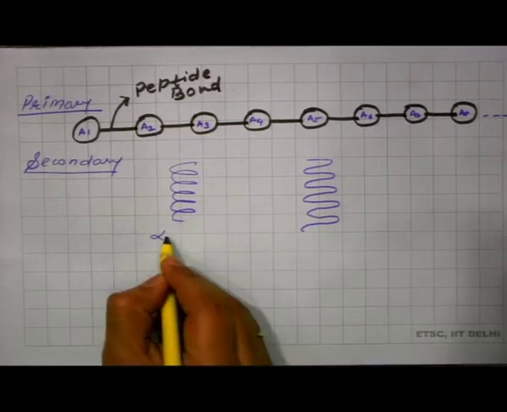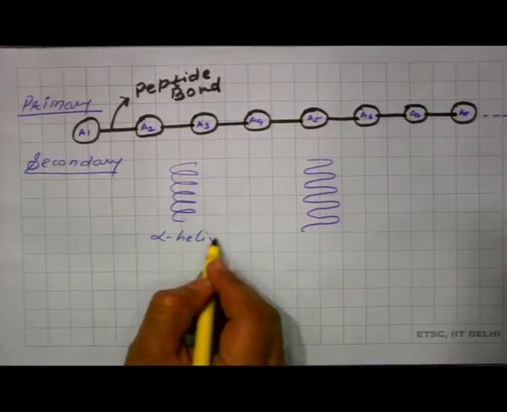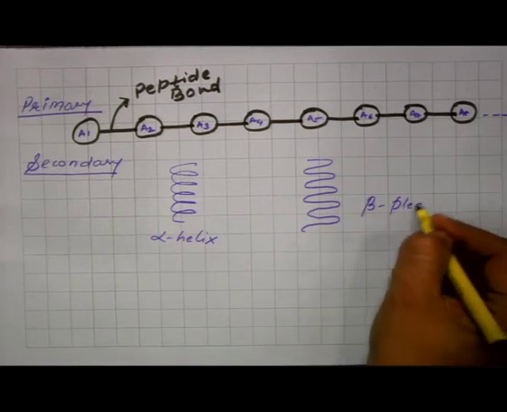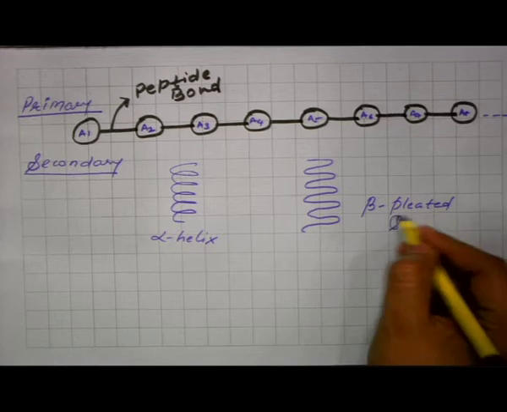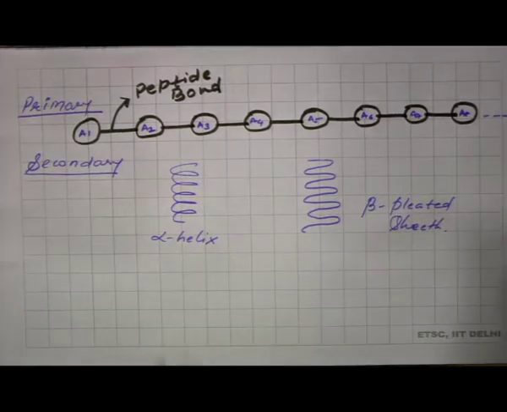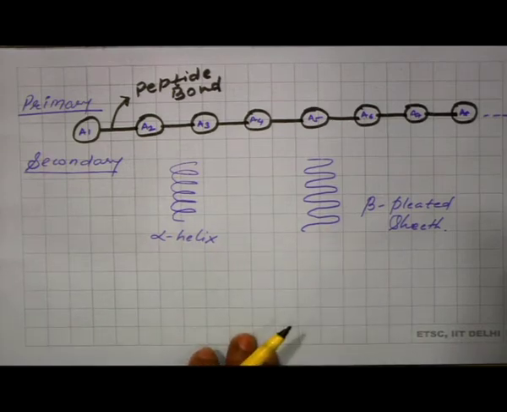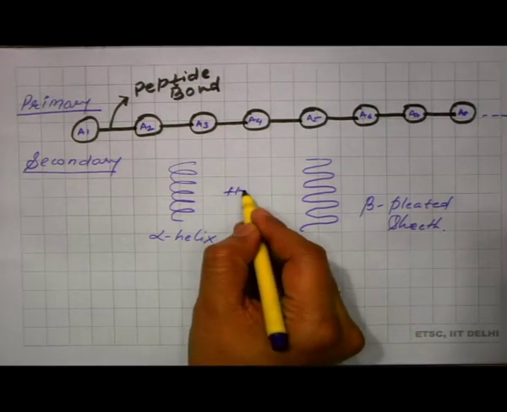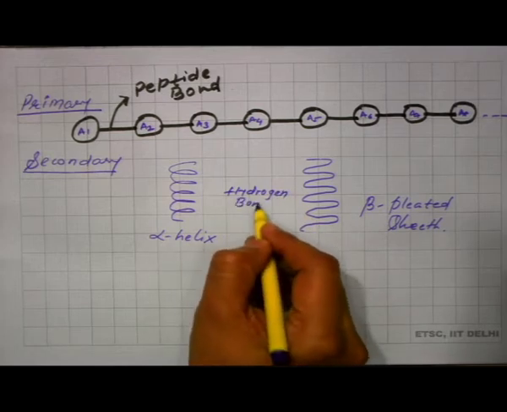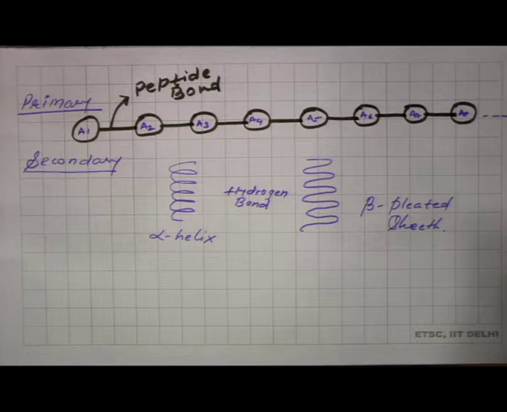This is called an alpha helix, and the sheet-like structure is called a beta pleated sheet. And this structure is because of the hydrogen bond, as hydrogen bond exists in between electropositive and electronegative atoms.